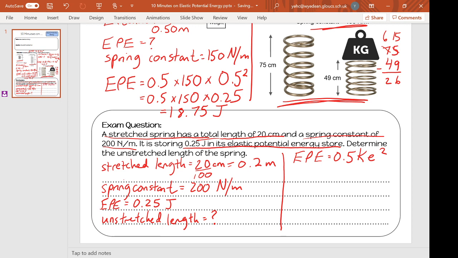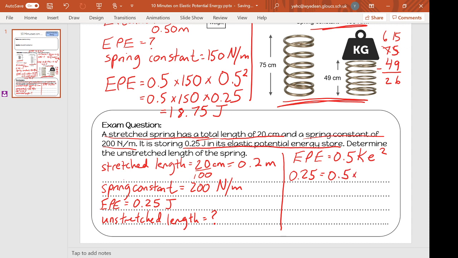Right, now that I have my formula written out, I'm going to look at each value in the formula and see if there's something in my list I can substitute in. So EPE, I check my list, I do have a value for EPE, that's 0.25, is equal to 0.5.